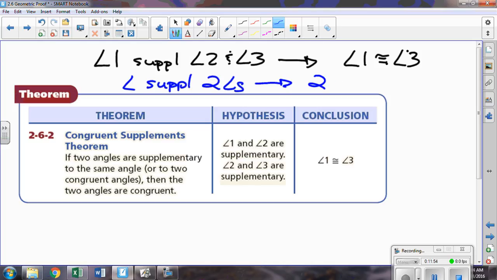Says those two angles are congruent. I don't know if that part in the blue makes more sense. I've seen students write things out like that. You're still effectively communicating the same idea, so I've got no problem if you want to do that. And of course, if you remember the name of the theorem, you can always just reference it by name, the congruent supplements theorem. That's fine.